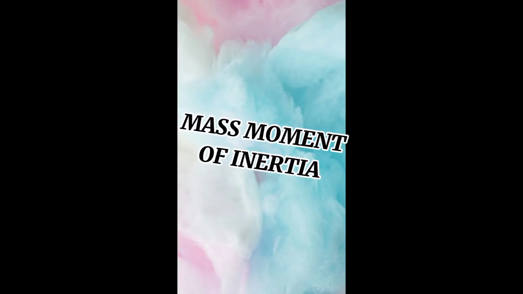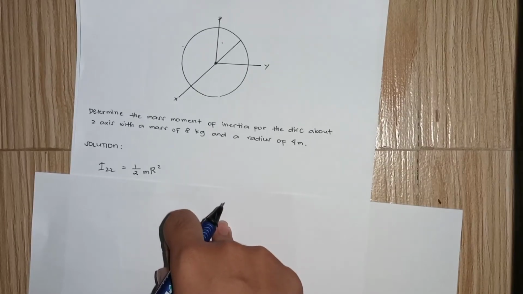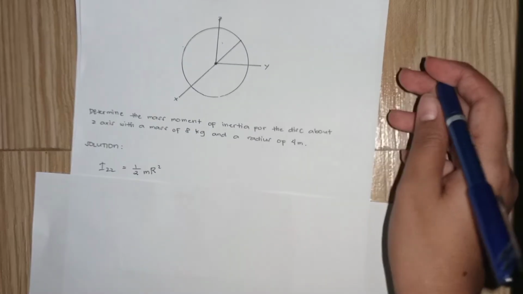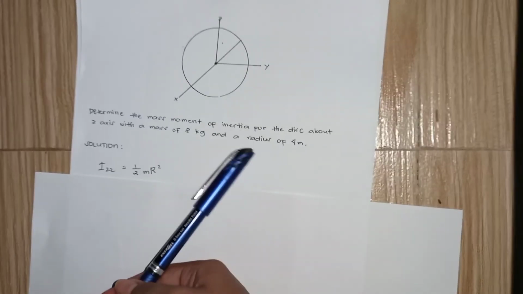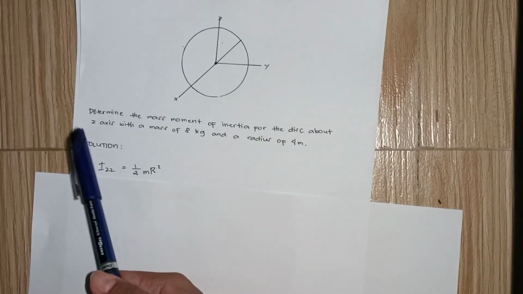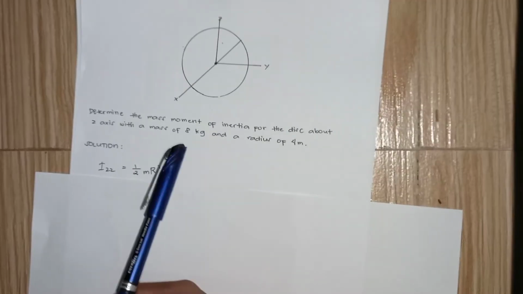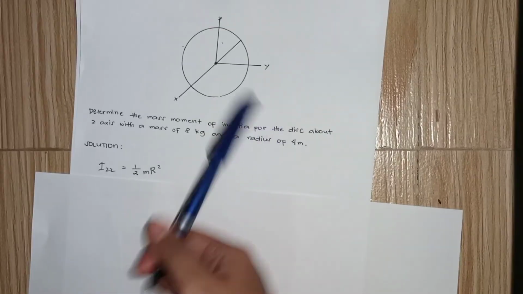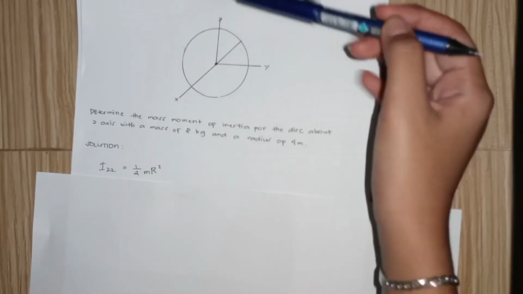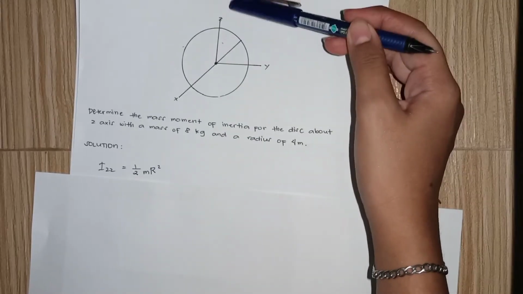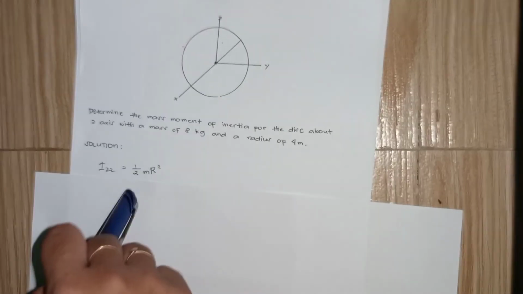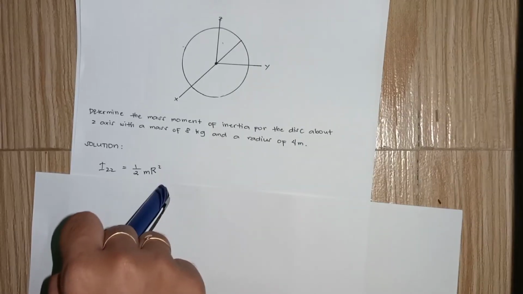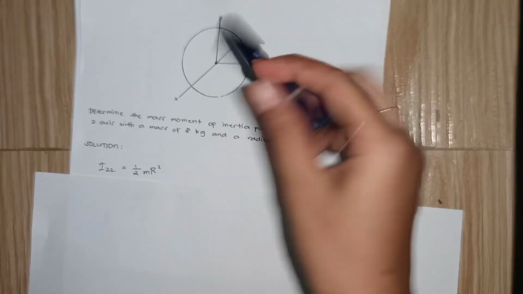So hi guys, this will be the last topic, the mass moment of inertia. The problem is to determine the mass moment of inertia for the disk about the z-axis with a mass of 8 kilogram and a radius of 4 meter. So we're going to find the mass moment in the z-axis. The formula we're going to use is Izz is equal to 1/2 times mass times radius squared.